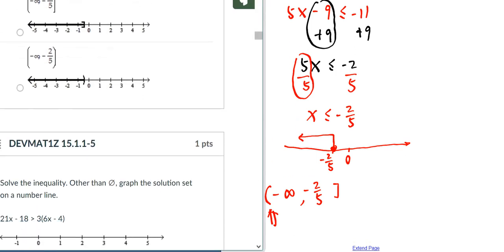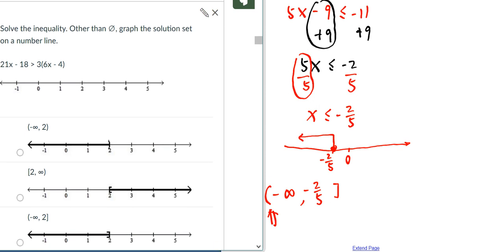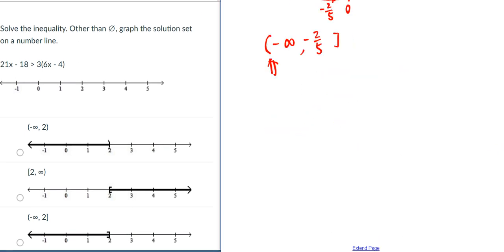Okay, let's do question 4 here. We have 21x minus 18 greater than 3 times 6x minus 4.